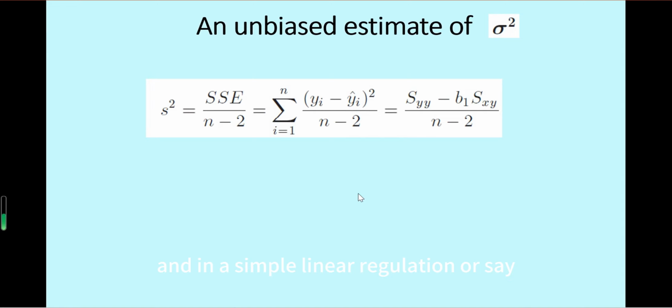And in simple linear regression, with only one independent variable x, the estimate of sigma square has this form. This S square is an unbiased estimate of sigma square. And the calculation of S square is SSE divided by n minus 2. SSE is the sum of squares of y minus y hat.